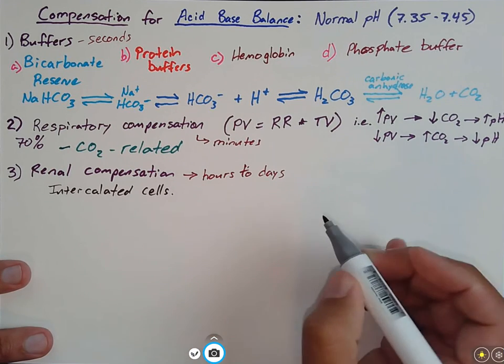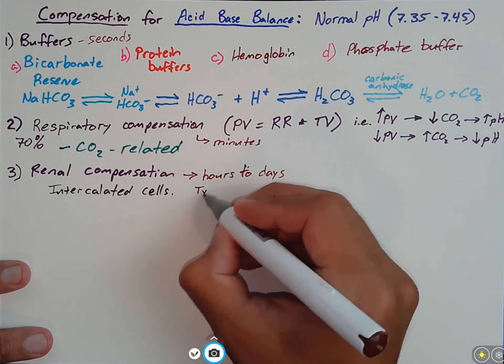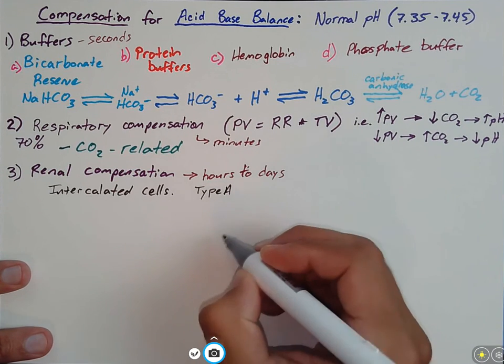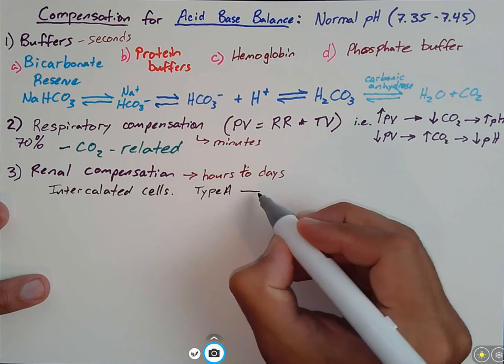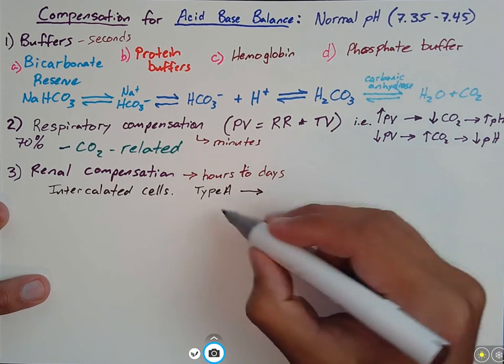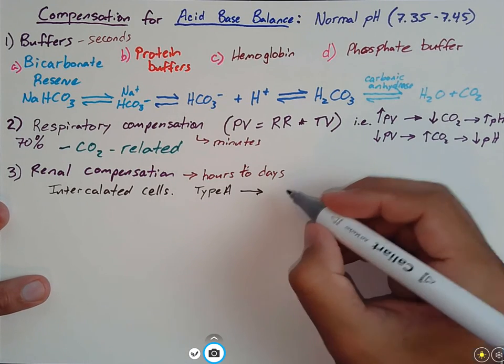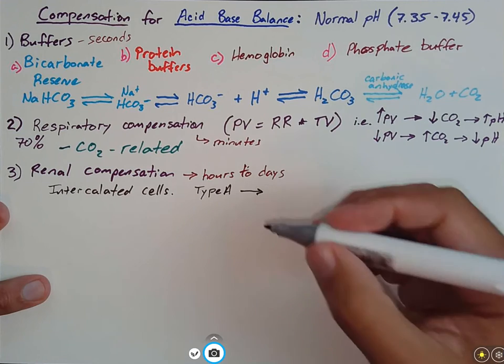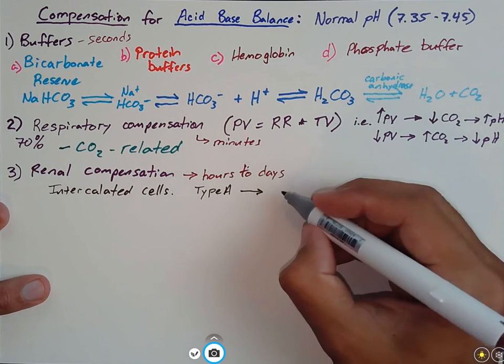And there are type A and type B intercalated cells. The type A intercalated cells are always, as long as type A's are active, always secreting and helping with the excretion of acid, trying to get rid of the hydrogens.